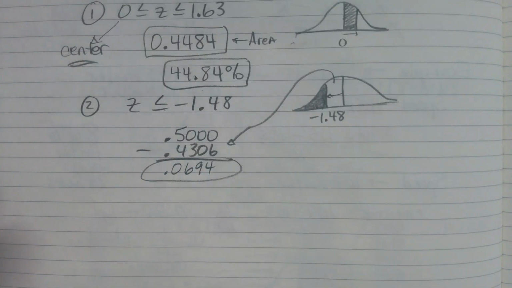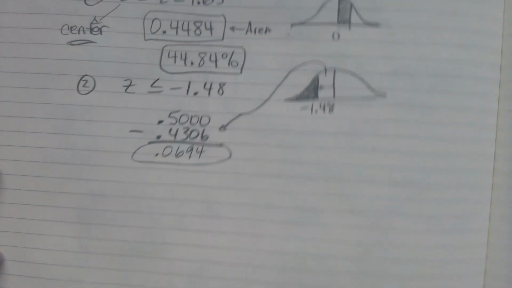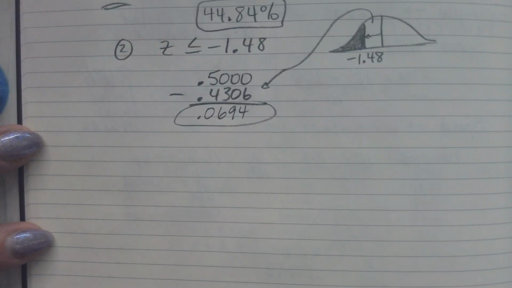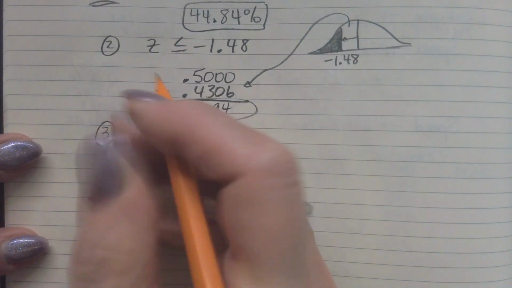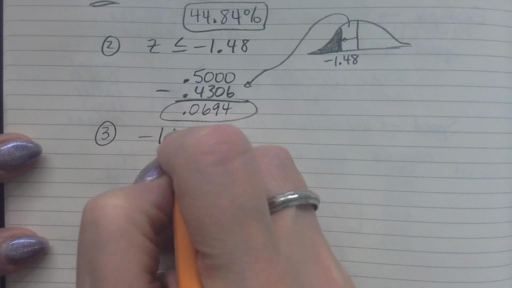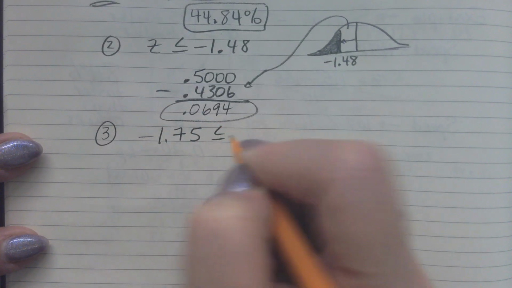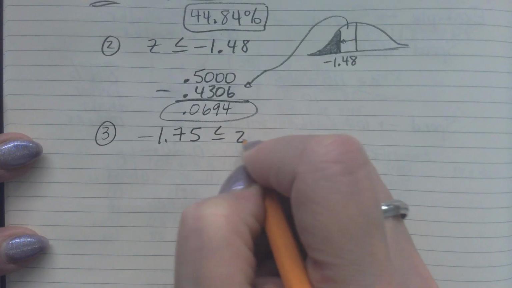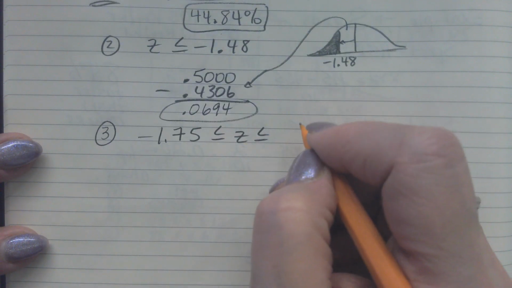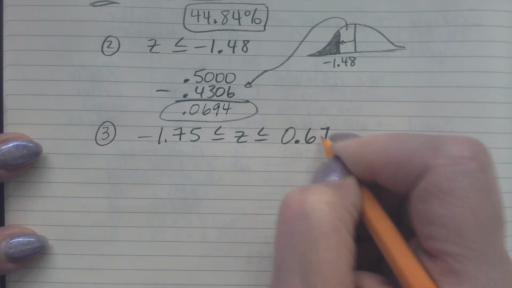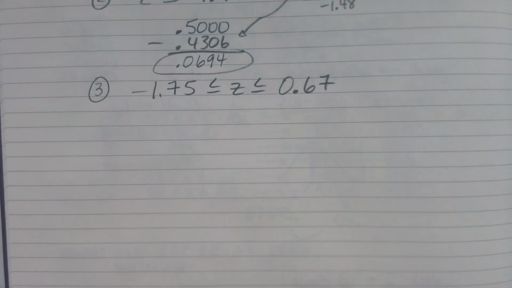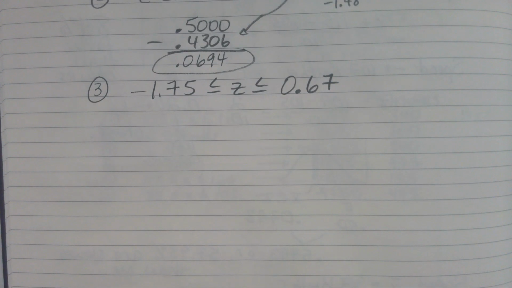How about one that looks like this? Last one of these, I think we're getting the point of them, right? What about if I have negative 1.75 to 0.67?